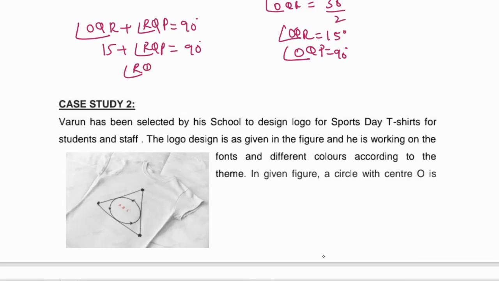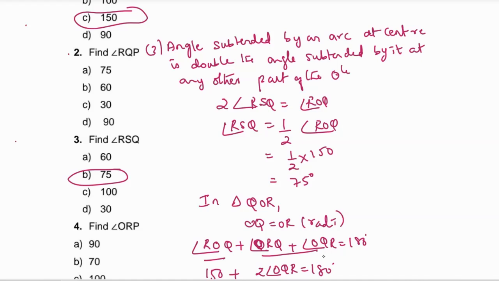So RQP will be 90 minus 15, that is 75 degrees. So here we have RQP is 75.